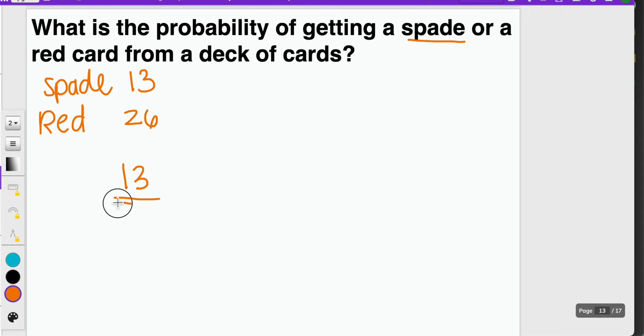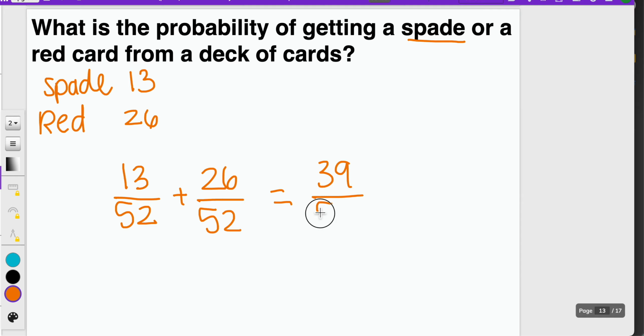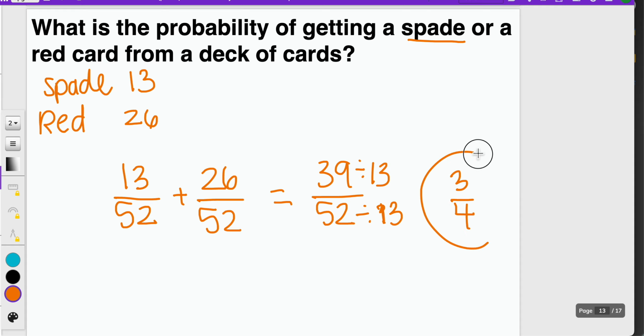So 13 out of 52 and 26 out of 52. We don't want to simplify 26 over 52 because we still want to keep that common denominator. So we're going to get 39 out of 52. And both of these can be divided by 13. So we're going to get 3/4 as our final answer.